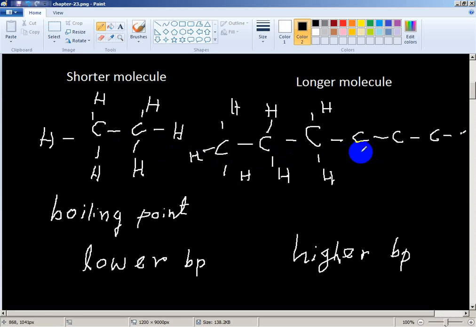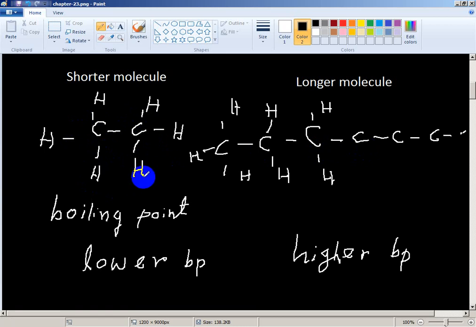For this reason, higher boiling points. They have more intermolecular forces of attraction and lots of bonds.